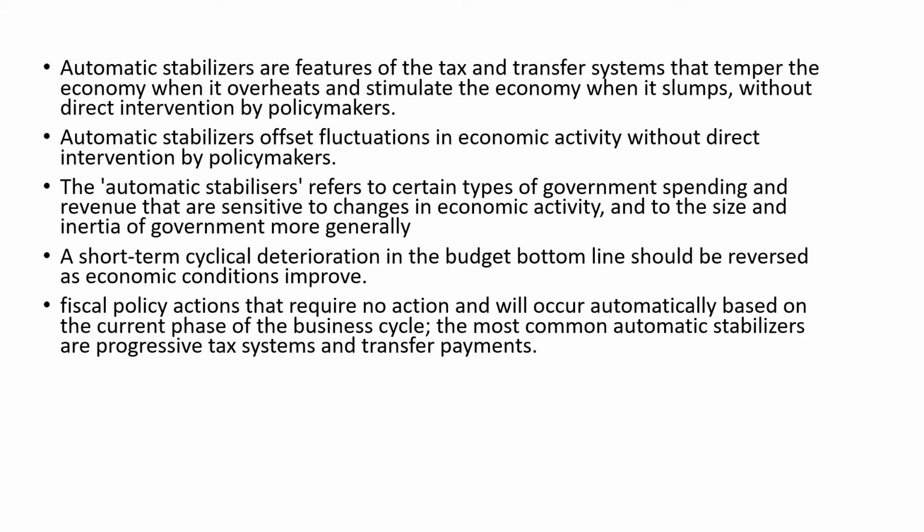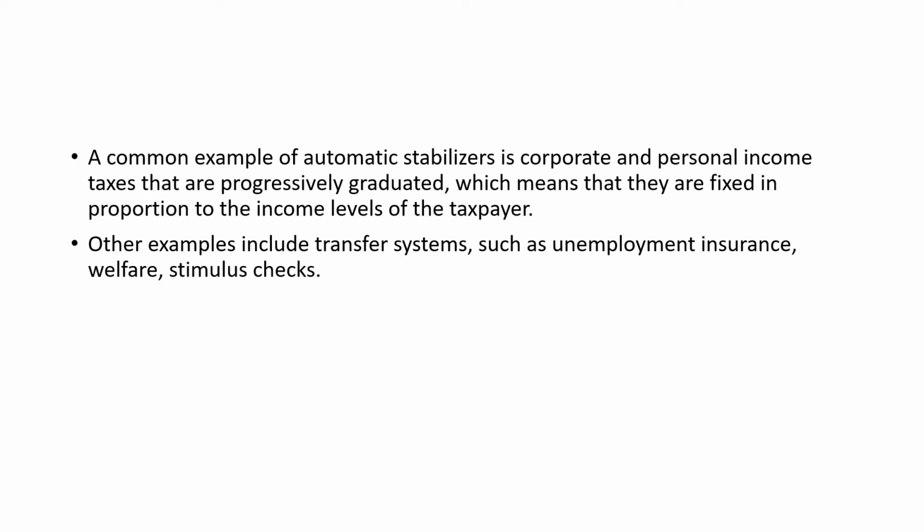The most common automatic stabilizers are considered to be the progressive tax system as well as transfer payments. A common example of automatic stabilizers is corporate and personal income taxes, which are progressively graduated, which means that these are fixed in proportion to the income level of the taxpayer.